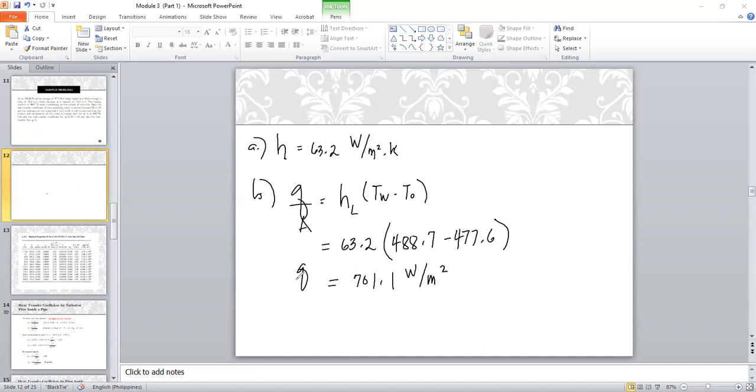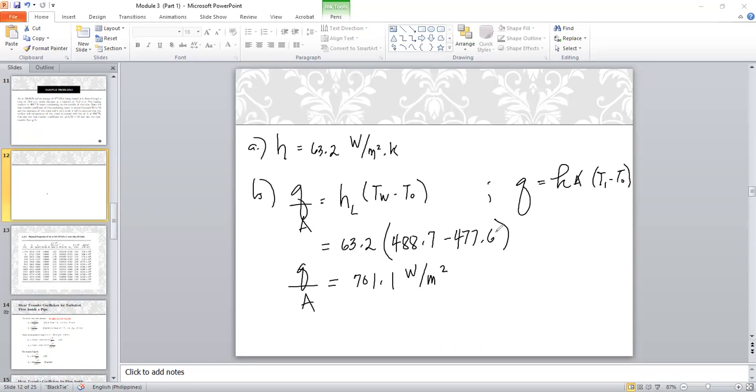So this is your heat flux coming from the fundamental formula of convective heat transfer, which is actually Q equal to HA, written in this form, T sub 1 minus T sub 2. That's the general formula, so we just transferred the A in here.